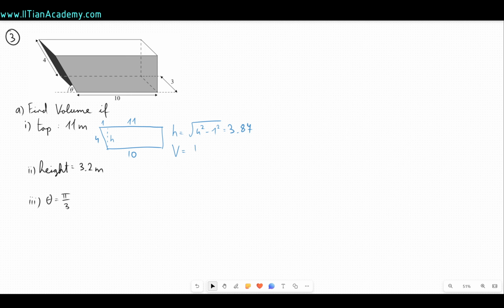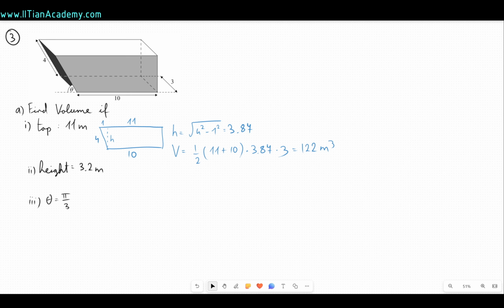The area of a trapezoid is 1/2 times the sum of the two parallel sides, so 11 plus 10, the base and the top, multiplied by the height of the trapezoid, 3.87. And then, as I said at the beginning, we multiply this by 3, as it's 3 units into the page. So this will give us the volume to be 122 meters cubed.